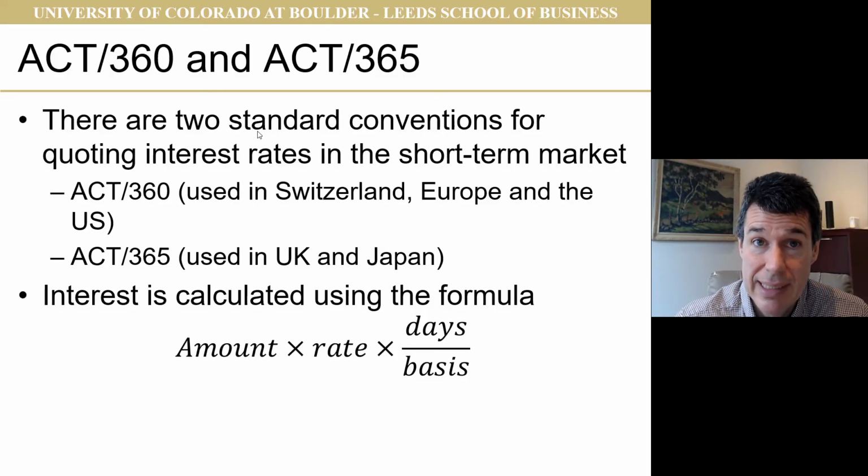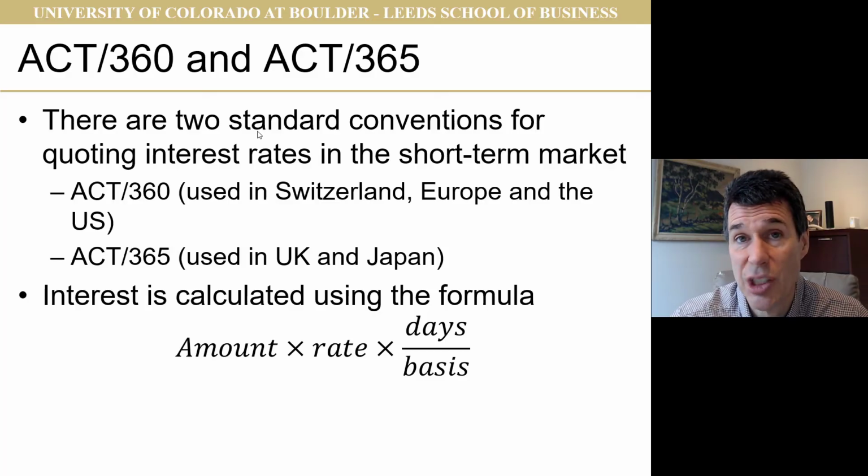But anyways, in the 1920s, somebody decided that in the United States, Treasury bills, short-term interest rate bonds issued by the Treasury, will be quoted on this actual over 360 basis. And that stuck, and now we live with it today. So in the United States, short-term interest rates in most markets are going to be quoted as actual over 360.